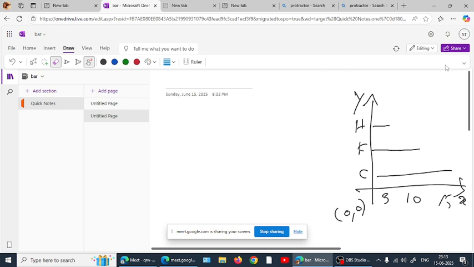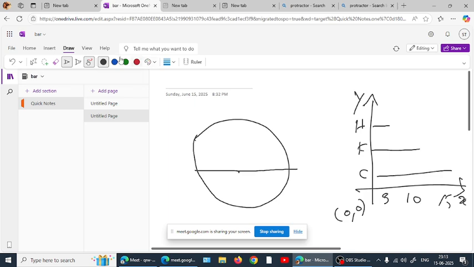First we have to draw a circle like this, and this is the midpoint.